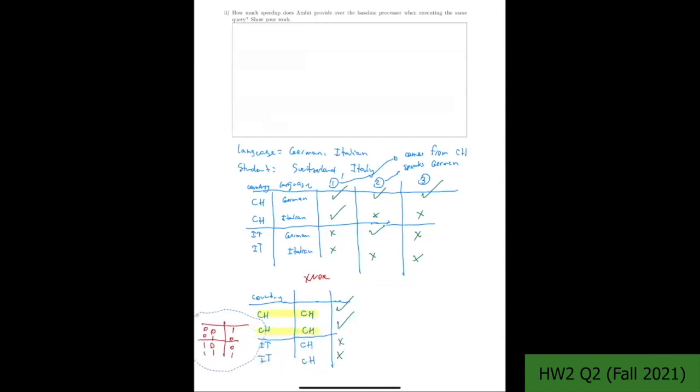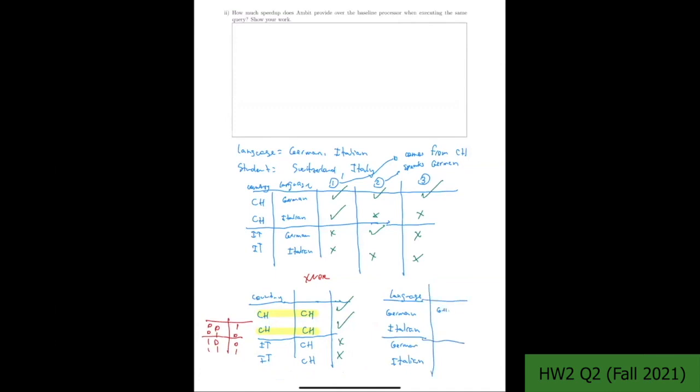Let's see the next operation. For the next operation, we have the language, and you have German, Italian, and you have German, Italian. And what you want is pretty much German.